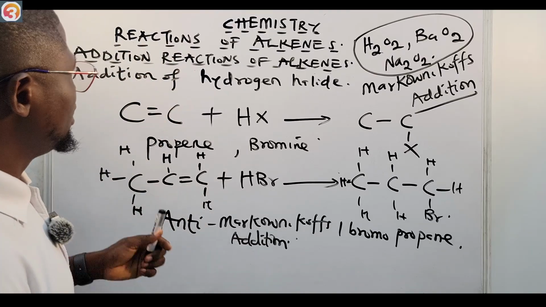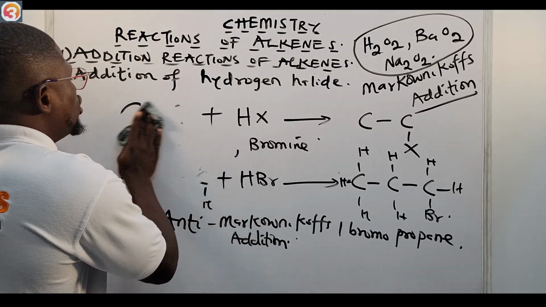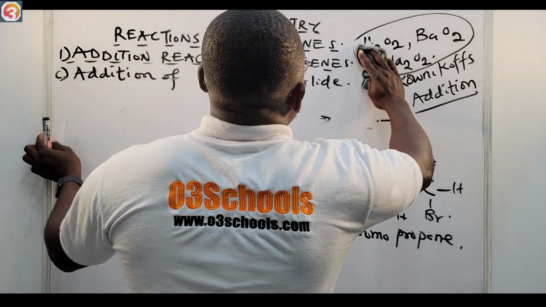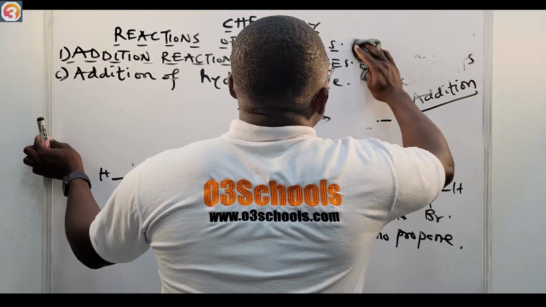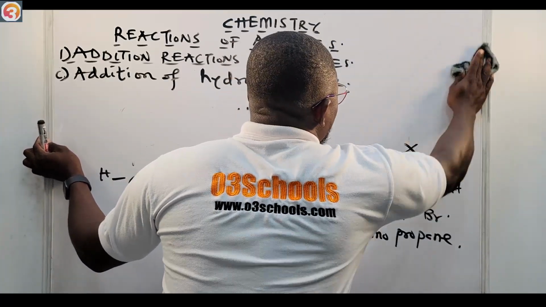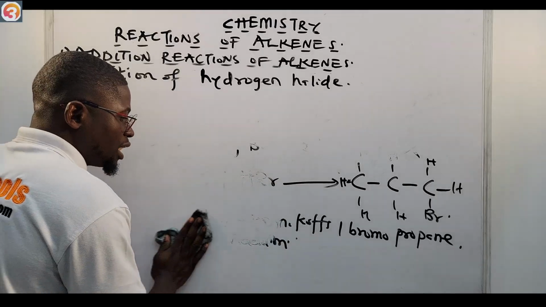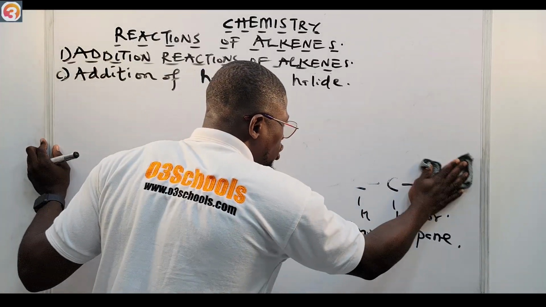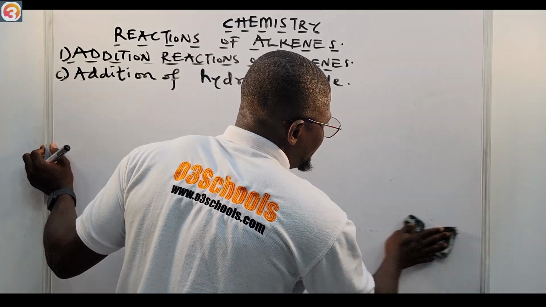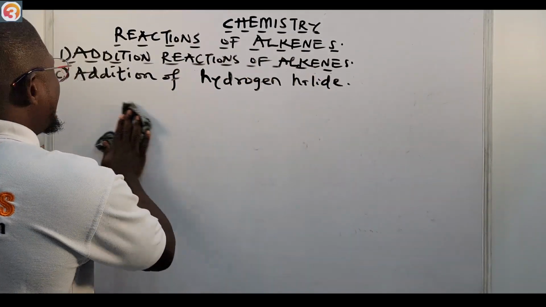All right, so let us go to the next addition reaction of alkenes, and of course, that is the addition of water. If water is added to an alkene, what does it form? It obviously will give you an alcohol. It results in the formation of an alcohol.